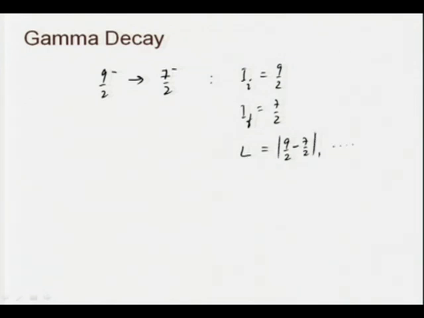Here the possibilities are, so 9/2 minus to 7/2 minus, I initial is equal to 9/2, I final is equal to 7/2. So, possible L values are the magnitude of 9/2 minus 7/2, which is 1, then 2, 3, etc., up to 9/2 plus 7/2, which is 8.